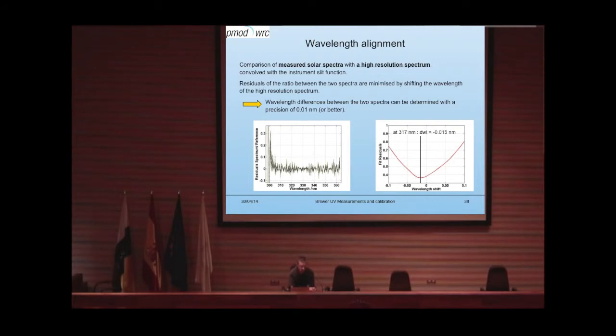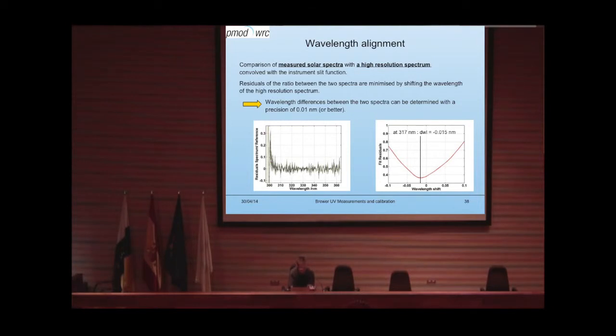I will not go into the details of how it's done, but you can see here 2 graphs. And on the left one, I plotted one measurement of, in this case, our double brewer, and it's divided by a lot of shifted high-resolution spectra. And you see that there is a lot of spectral noise in these ratios.